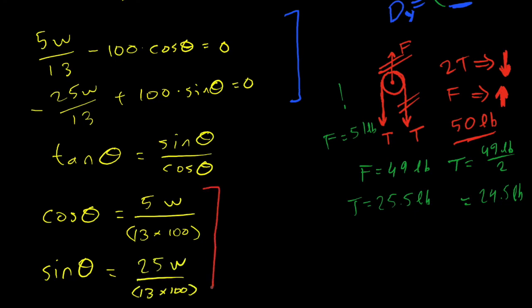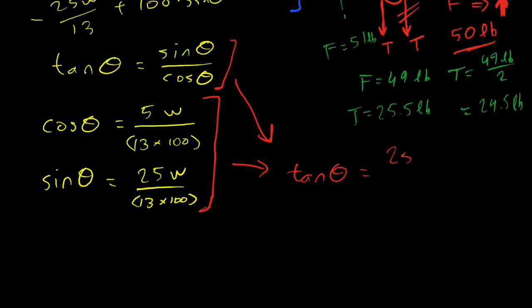And now let's use these expressions and combine them into forming tangent theta equals 25W over 5W, which simplifies to 5. By calculating the arctangent of 5, we get 78.7 degrees. So one part of the question has already been answered.